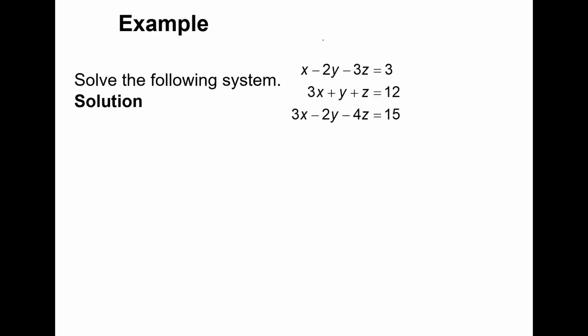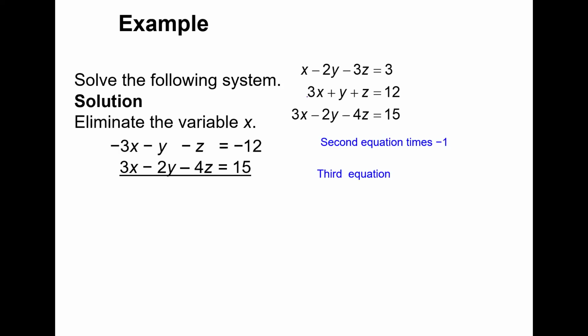All right, so we want to solve this system of equations, and what they say to do first is eliminate our x. And so the easiest way to do that is let's eliminate it in one of these by changing a sign. Well, let's change the sign in this equation, and then we add it to this one. And when we do that, we get minus 3y minus 5z equals 3.